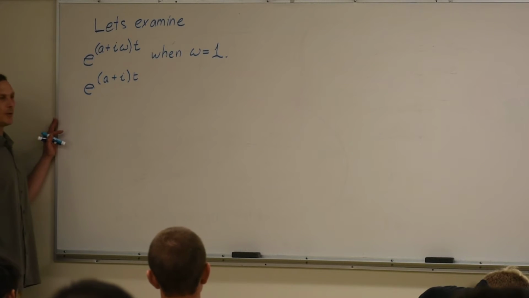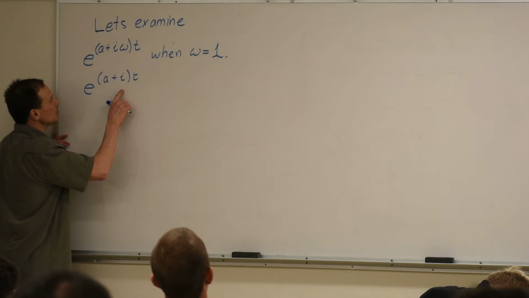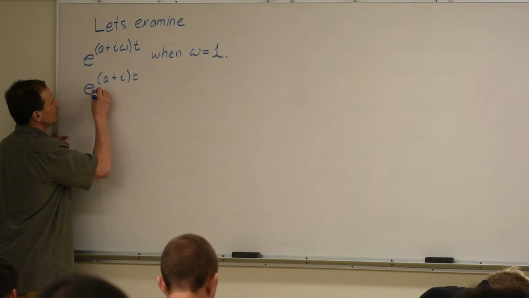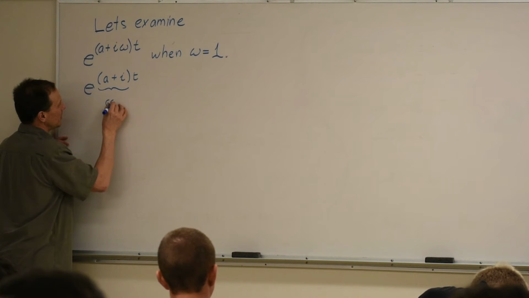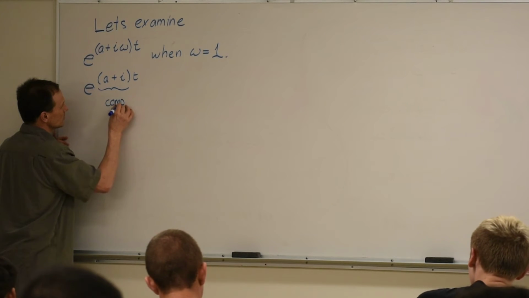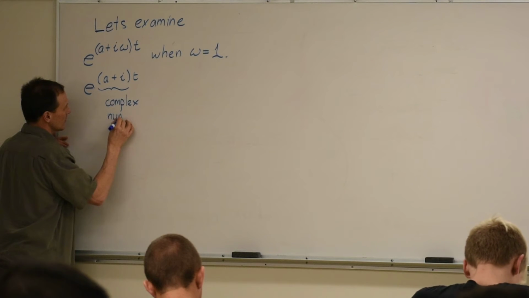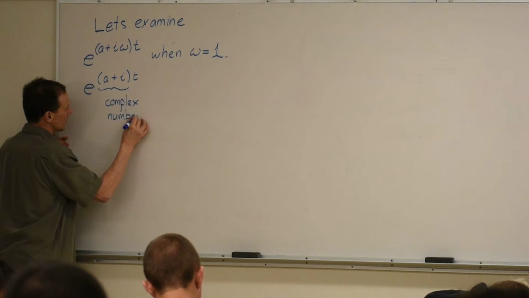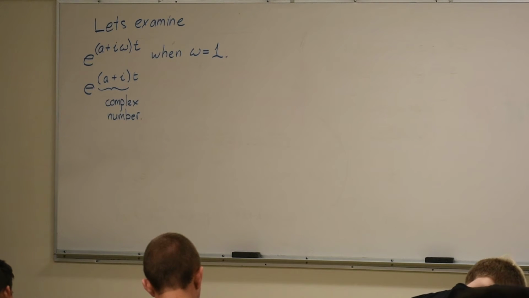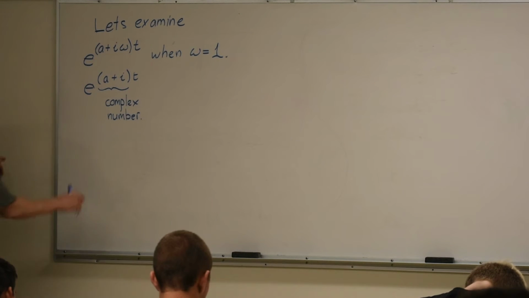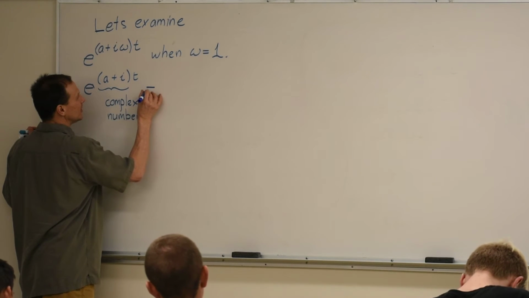So let's keep going with this. Notice that this number has two parts. This is a complex number. And all the rules of exponents that you've learned still hold. So if I have something plus something, let's clean this up so it's a little easier to see.